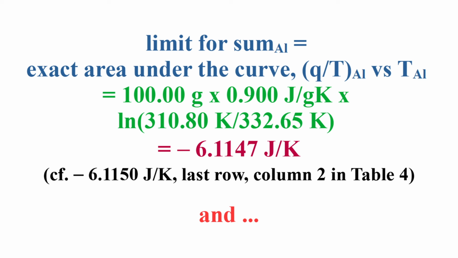In the case of aluminum, the exact area is negative 6.1147 joules per Kelvin. Compare this with the sum equal to negative 6.1150 joules per Kelvin obtained for del T of aluminum equal to negative 0.001 given in the last row of column 2 in table 4.